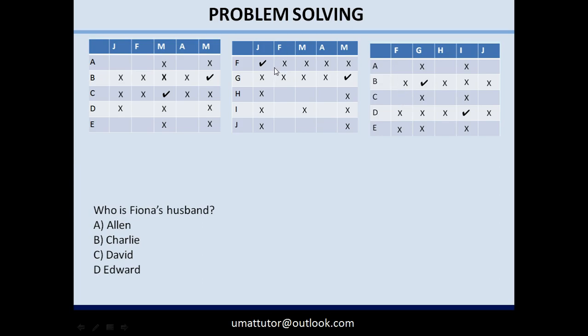If we go to the second table, we can see that Fiona was married in January. And so if we go to the men's table, you can see that in January it was either Alan or Edward. But from the third one we know that it could only be Alan or Charlie. So therefore Alan is the only one that satisfies both conditions. Therefore, it's Alan.